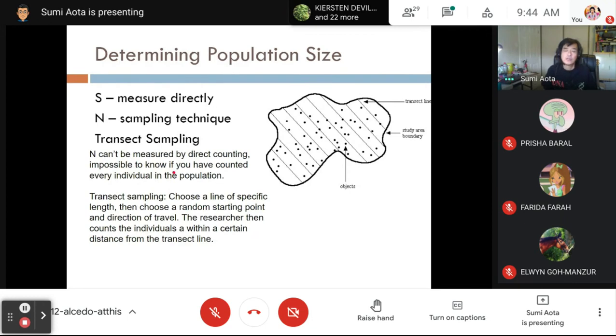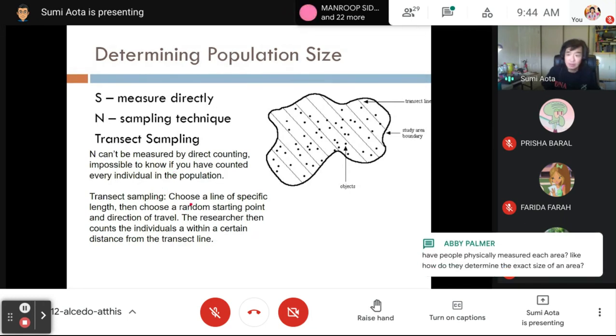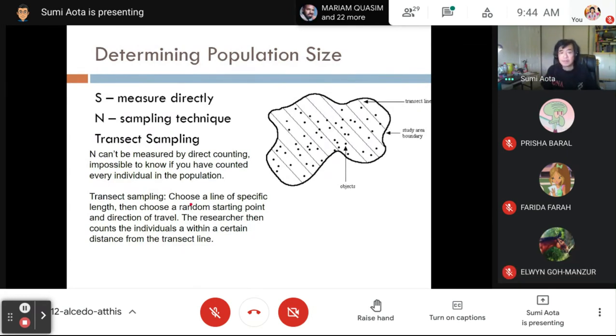Okay. So in a transect sample, for example, if this is the area you want to measure, you could go to a map, outline the area, and calculate the area that way, right? Because you could basically set up a grid and literally measure it.